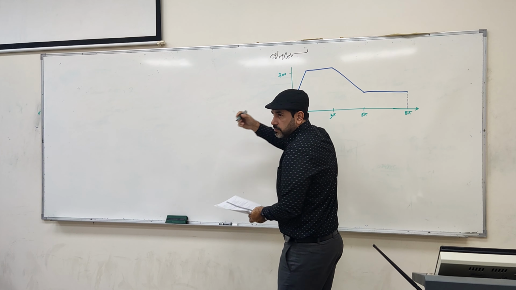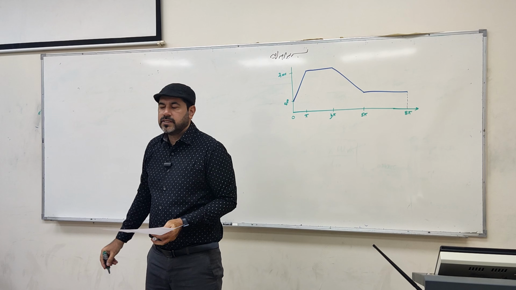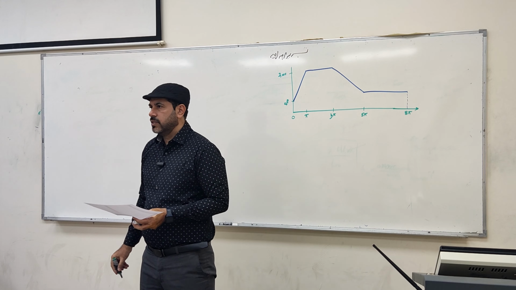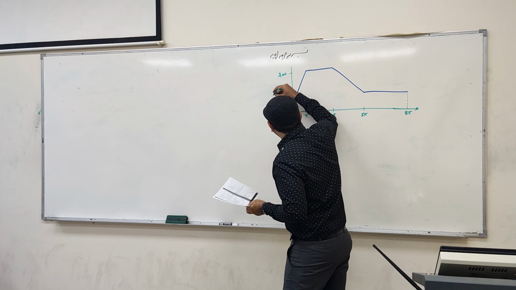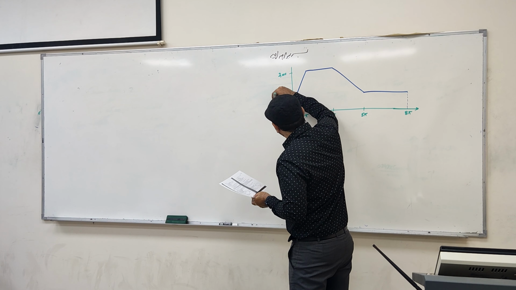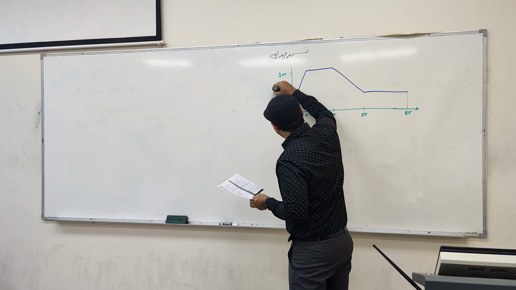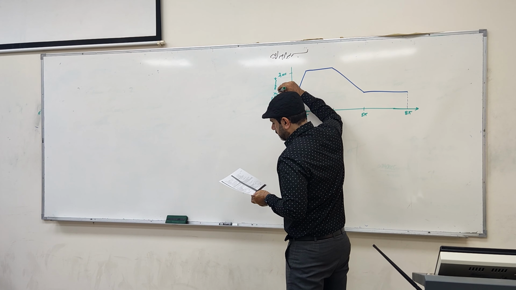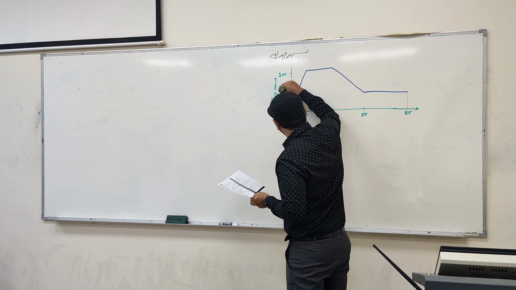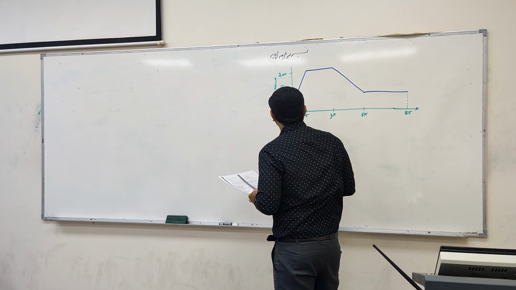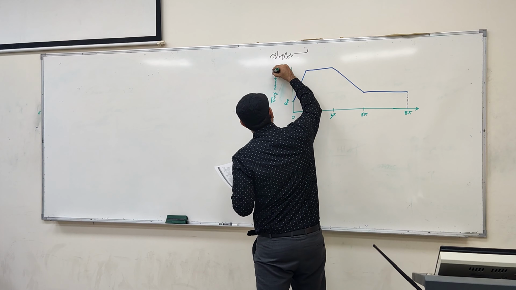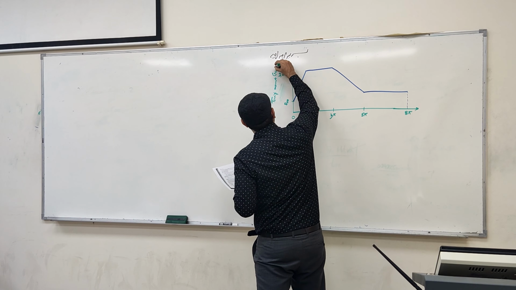So on this axis, you remember all the graphs must have labels, they must have units on each of the axes. So this one is basically turning moment, and the units are Newton meter.